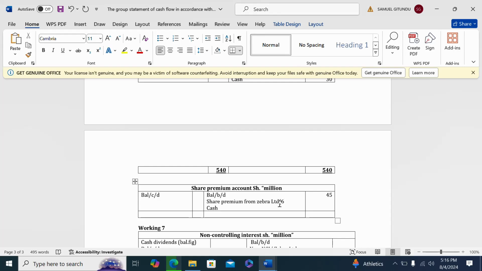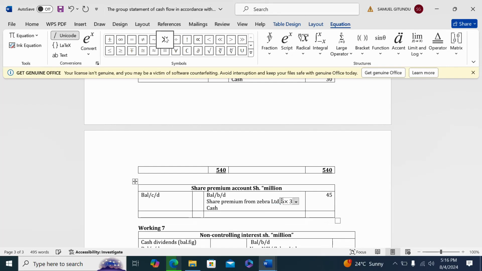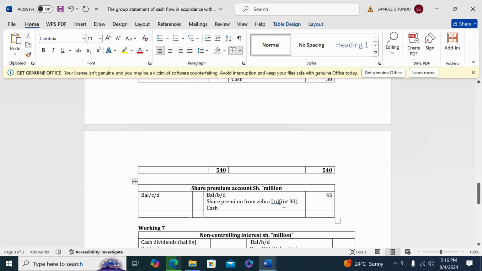But remember, 10 shillings is the par value. So the share premium account will multiply it by 30.